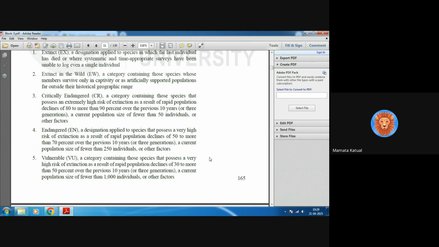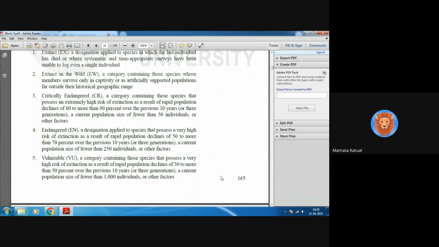Or if the population size is less than 250. If the number of individuals throughout the world is less than 50, then it is critically endangered. If the number is more than 50 but less than 250, then it is endangered.